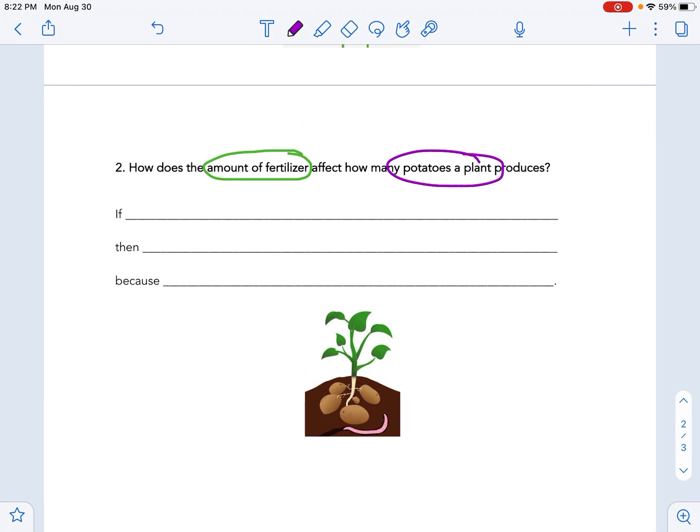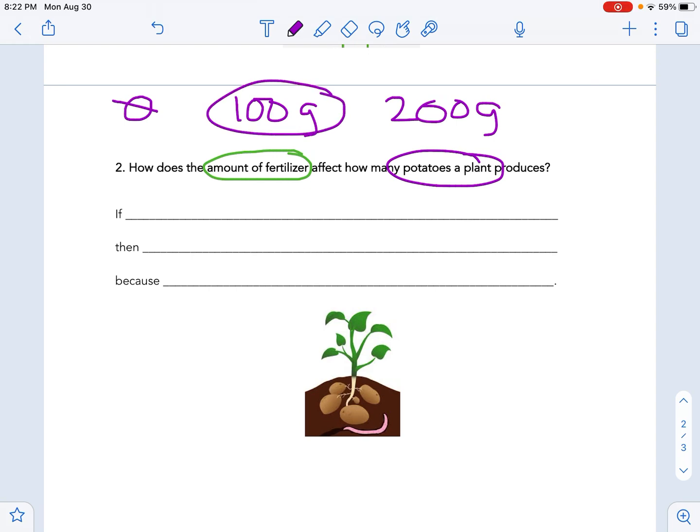So if, let's say in our experiment, we were thinking that we would have no fertilizer, and maybe we would add 100 grams of fertilizer, or maybe we would add 200 grams of fertilizer. So I'm going to just pick this one right here.